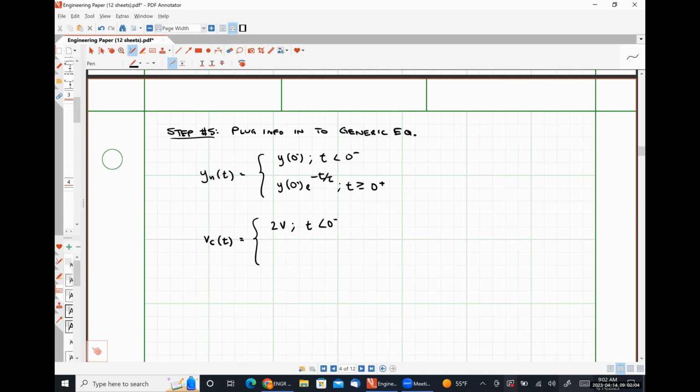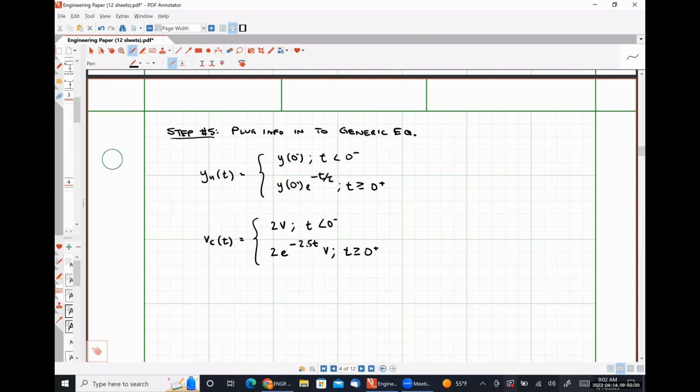Also 2 volts. That negative 2.5 is t divided by tau. So that's why I choose to do the inverse of tau as well, so that I can make it look pretty instead of having t divided by 0.4. I don't think it looks nice.